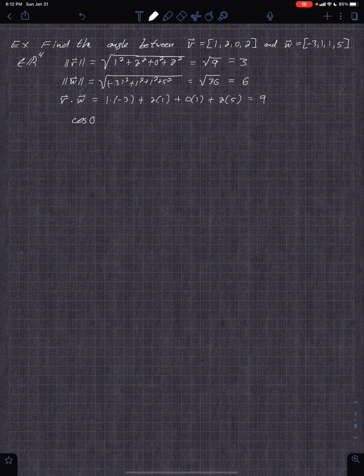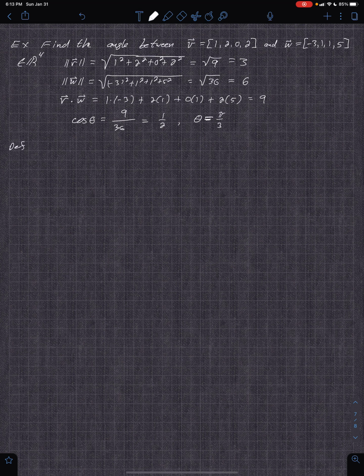So you get cosine theta is 9 over 36, which is a half. So what angle has cosine a half? Special angle, right? Special angle of pi thirds for cosine, because cosine's x. So pi, whatever that means for a fourth dimensional vector, is pi thirds. Okay.